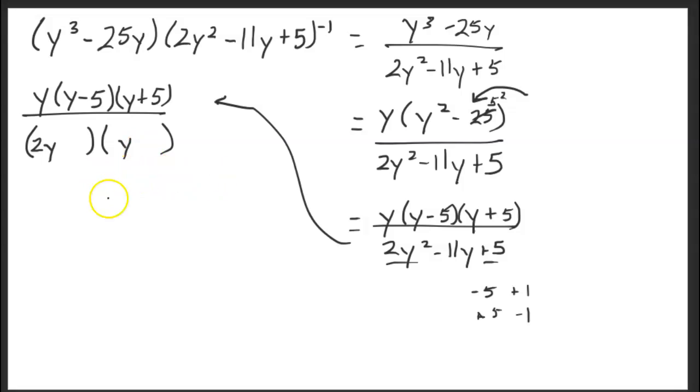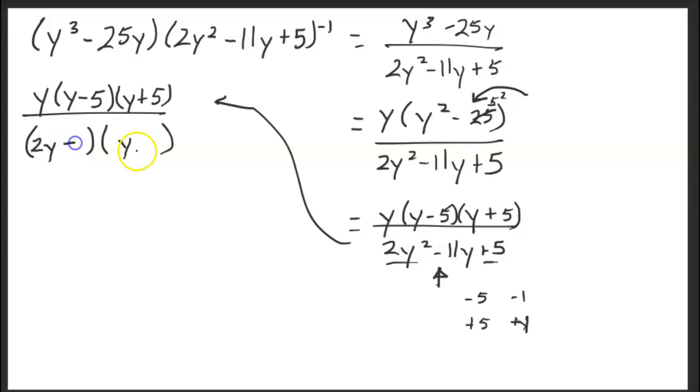Sorry, I just said something wrong. Let me erase that, ignore what I just said, and let me try it again. It's a positive 5. That means it's either a negative 5 times a negative 1 or a positive 5 times a positive 1, right? The signs have to be the same. Well, that tells me what sign they are.